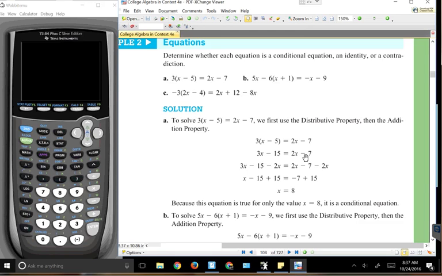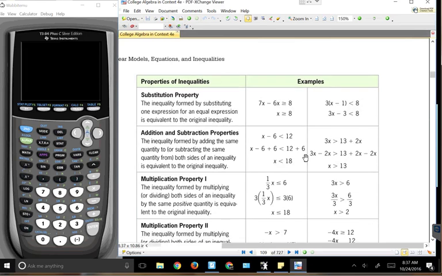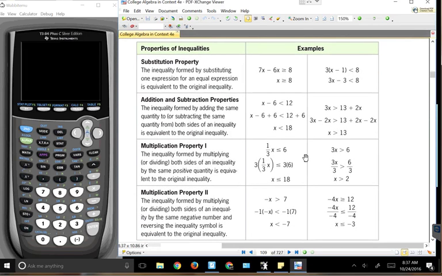So the more accustomed you get to doing these type of problems, the easier the tricks are going to come. Little shortcuts that you can make. Okay.